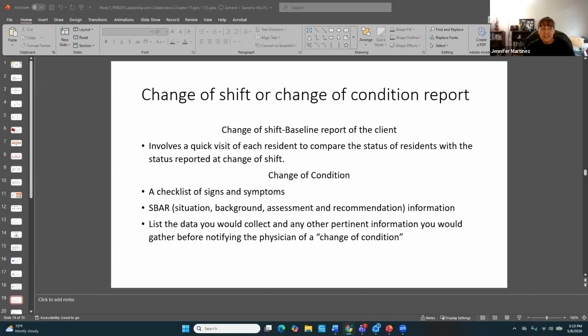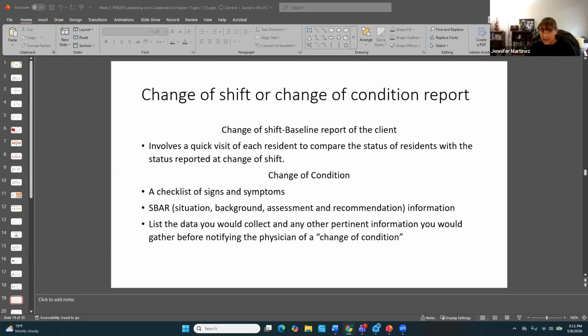And then change of condition. Depending on where you work, you may have a checklist to follow, or you're going to do your assessment and gather all of that information and use SBAR. So situation, background, assessment, and recommendation. Make sure that you have all of that information.